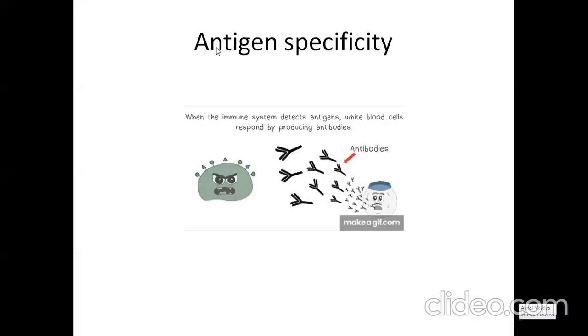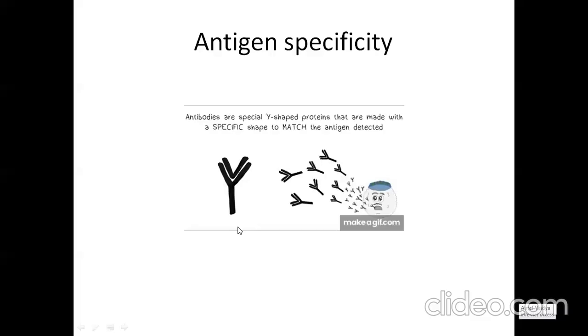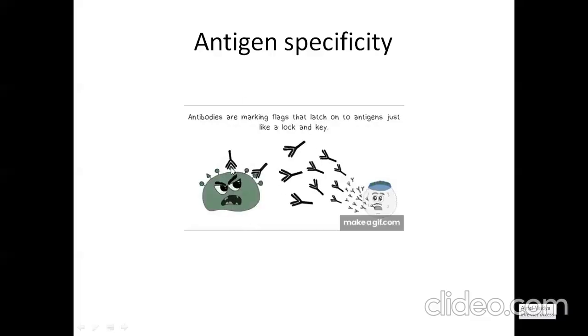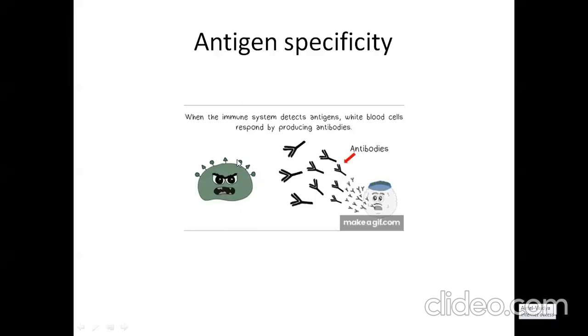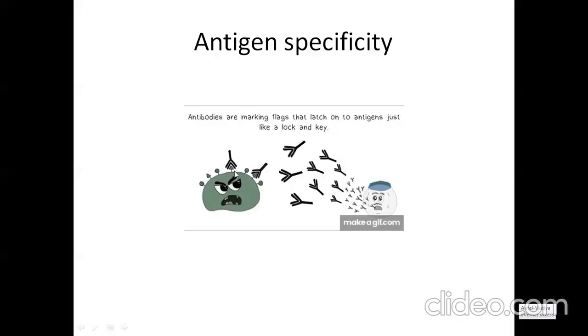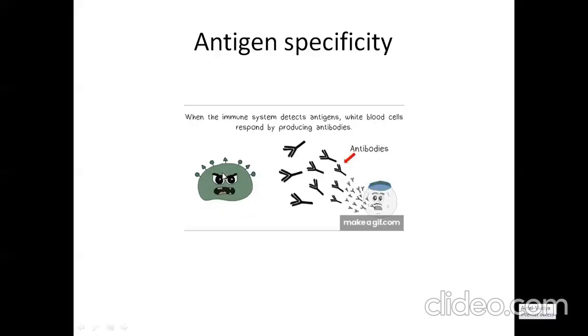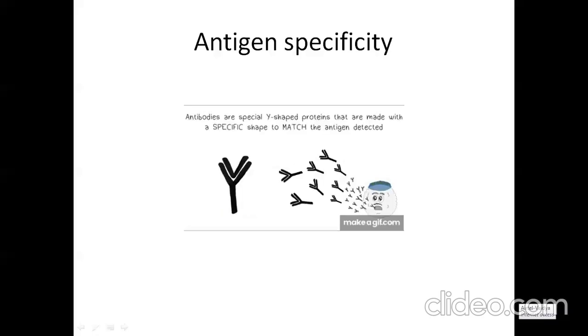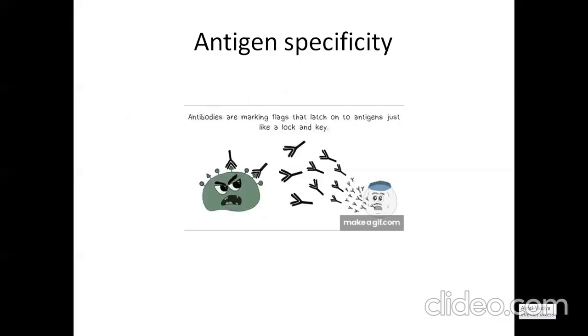See, this is having a Y shape, and it goes and attaches to the triangular shape. Here you have the circular and triangular one. So it goes and fixes with the triangular structure present in the organ or in the region. So this is done with the help of the plasma membrane.